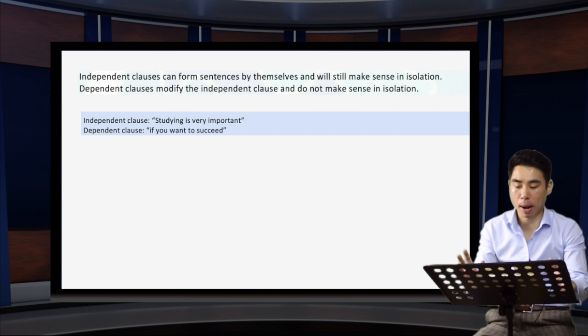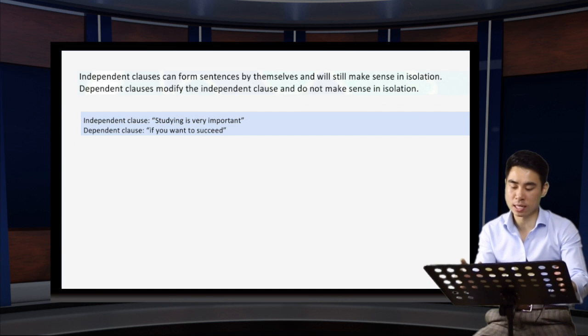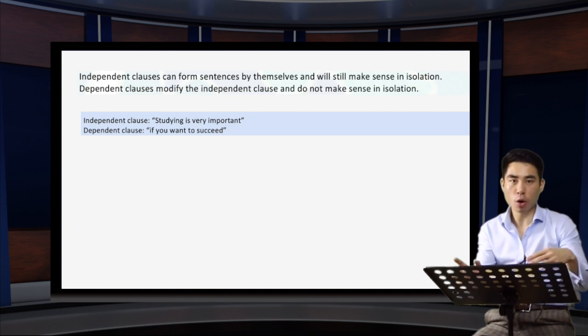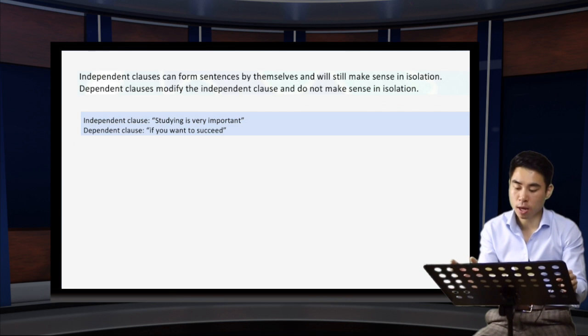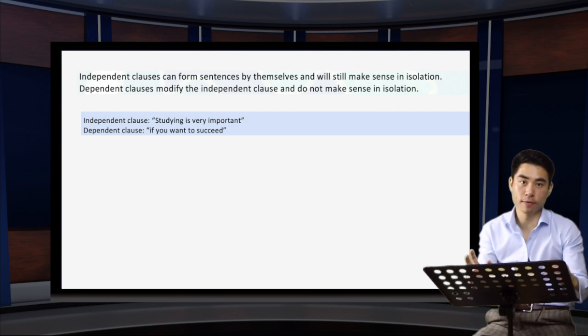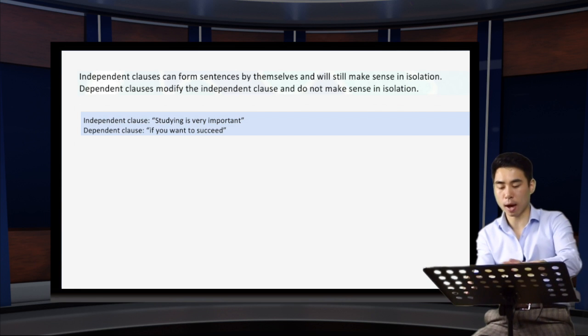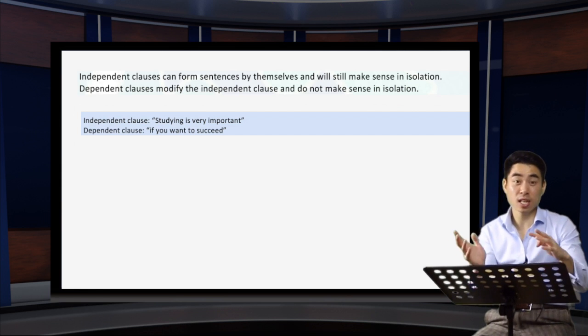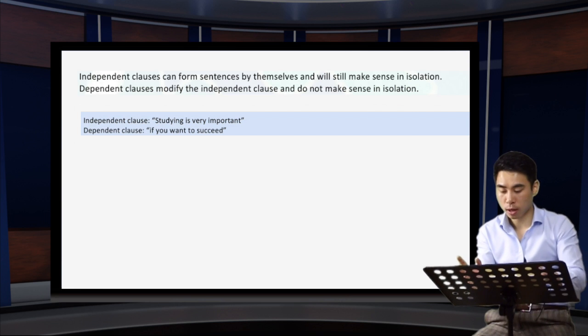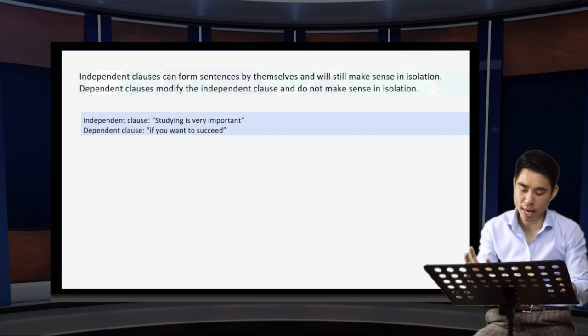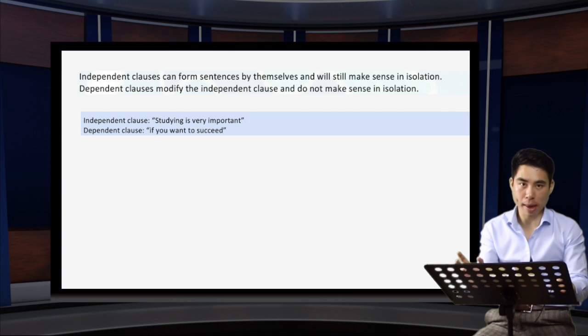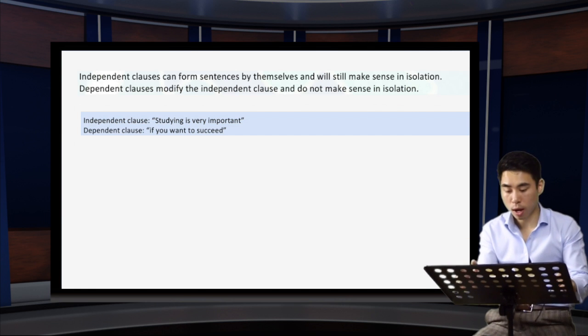One more thing to note about this concept of a clause is that a clause differs from a phrase in that a clause will have a verb and then a subject doing that verb. So let's take the dependent clause first. If you want to succeed, our verb is want, and our subject, the thing that's actually doing that verb, is you.